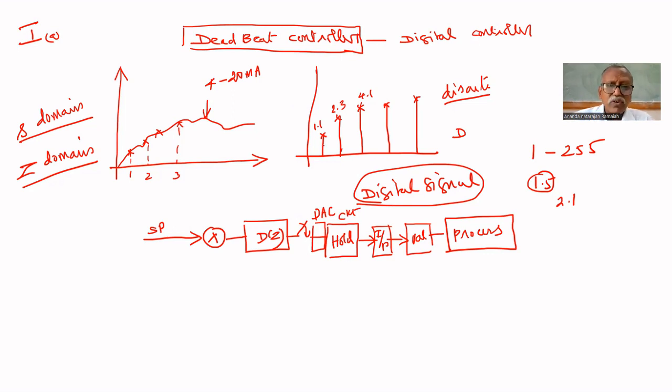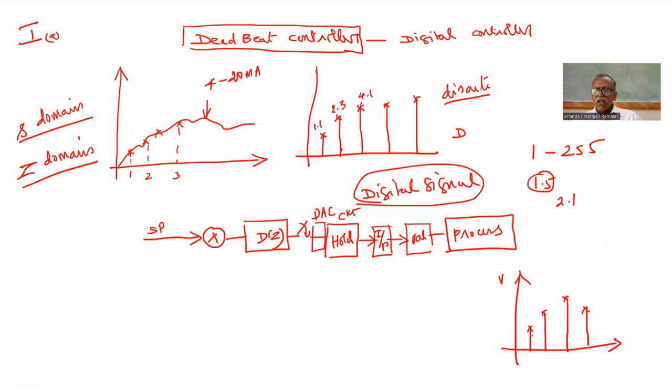What will the hold circuit do? Suppose this is the digital signal, the controller output available like this. The DAC will convert the number into a voltage like this. This is the output of the DAC. Again, it is a discrete signal. Now digital is converted into a discrete signal.